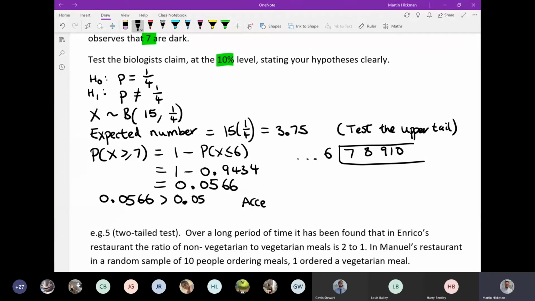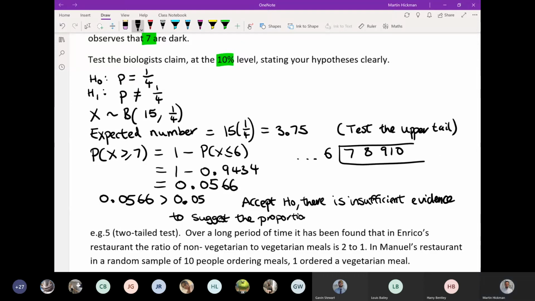So what I would say is I accept H0 and then say there is insufficient evidence to suggest, and then I'm going to put my context, that the proportion of dark moths change based upon atmospheric pollution.